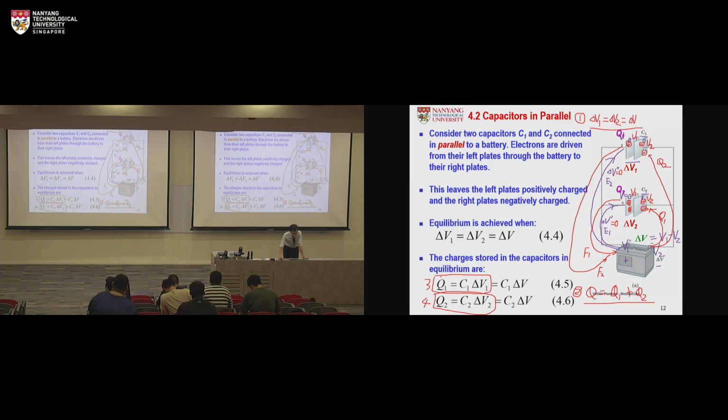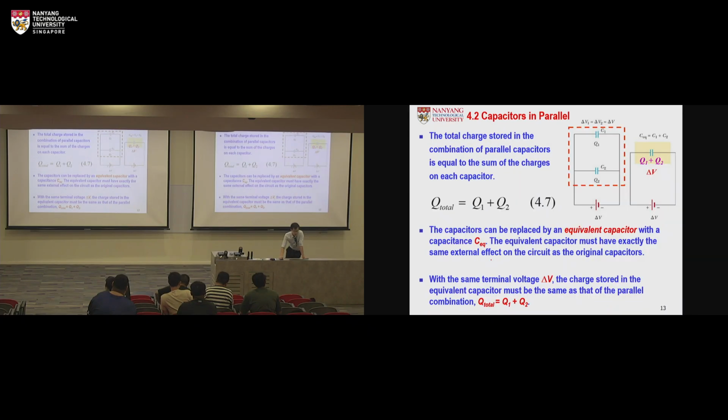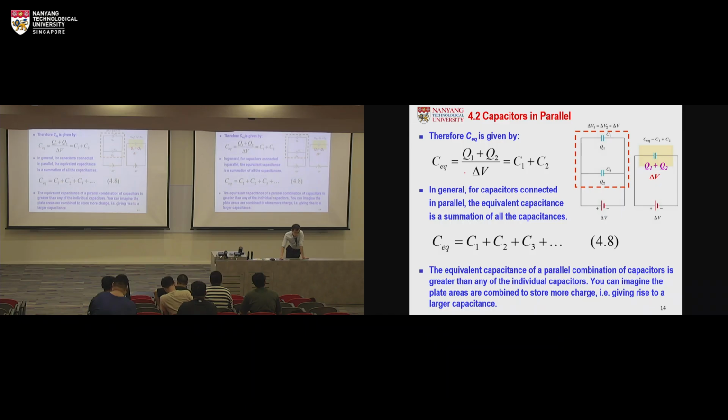Of course, here 3, 4 are nothing special. It's just the relation by definition for these two capacitors, right? And you will find out, so here is the Q total. You will find out this total capacitance, or you can say equivalent capacitance, of these two connected in parallel should equal C1 plus C2.